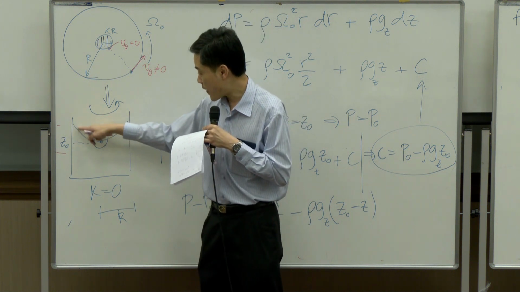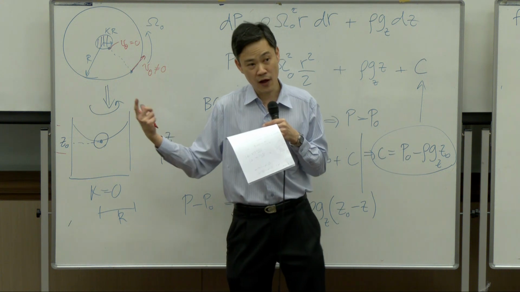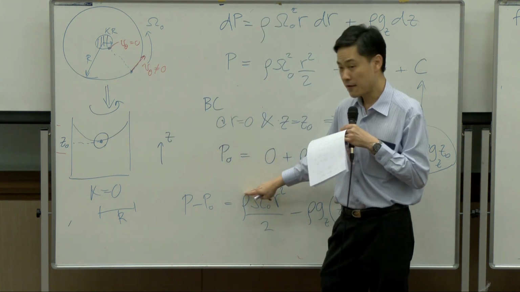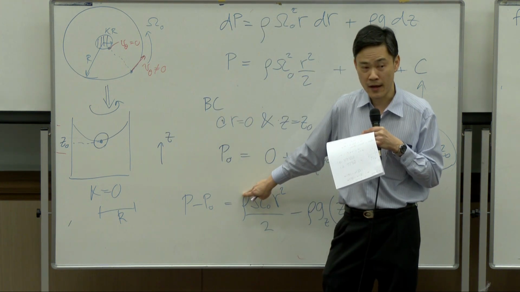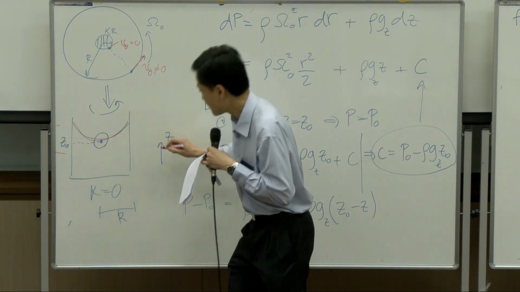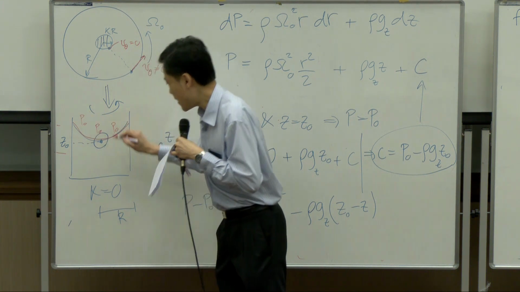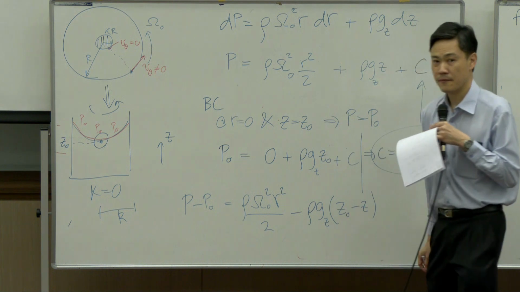If I want to find this curve as a function of spinning velocity, I can find it from this equation. Notice that along this line, pressure is P0 everywhere.